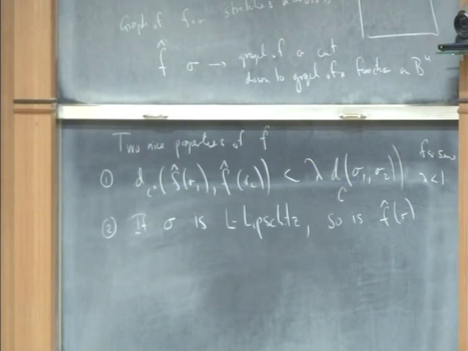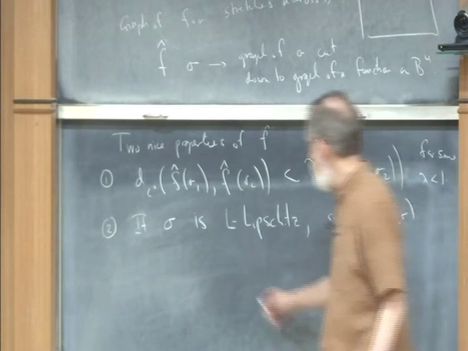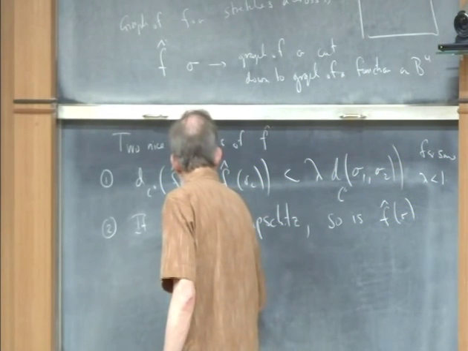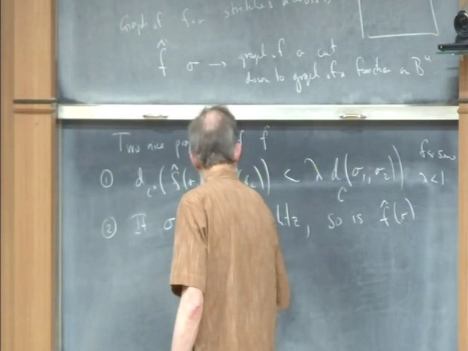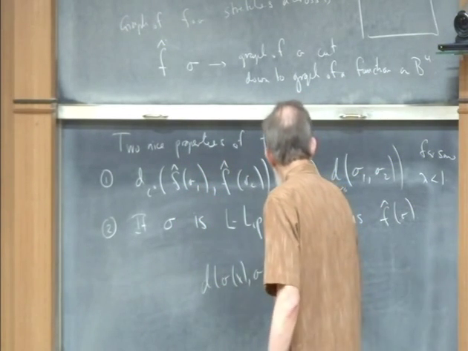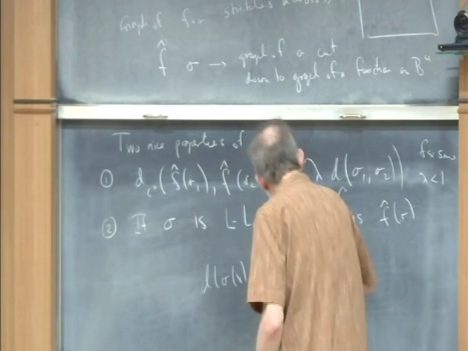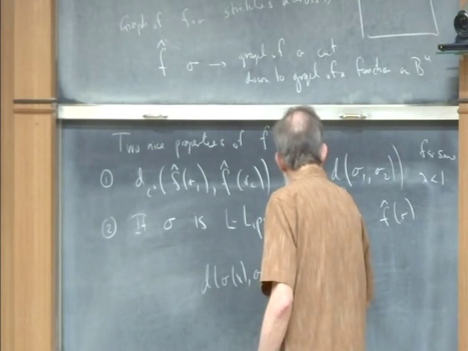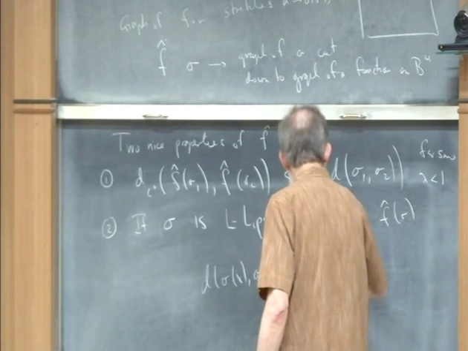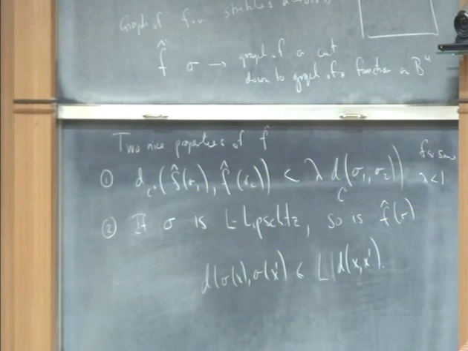And why is that? Well, the Lipschitz property says that the distance from sigma x to sigma x prime is less than or equal to L times the distance from x to x prime.